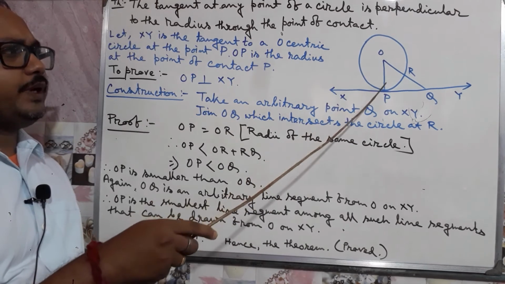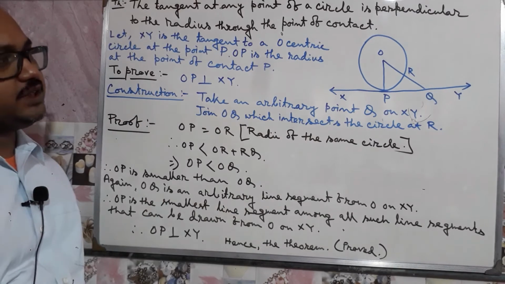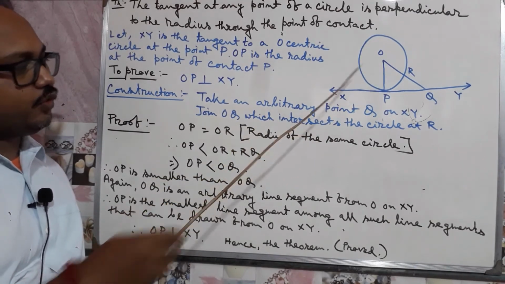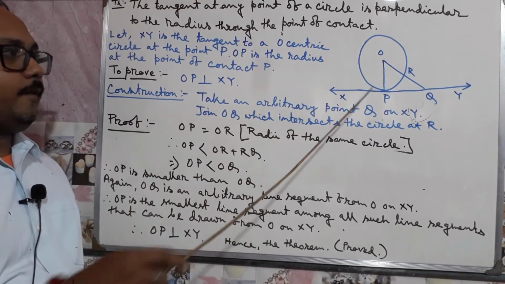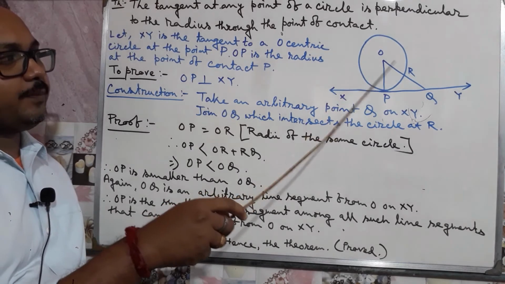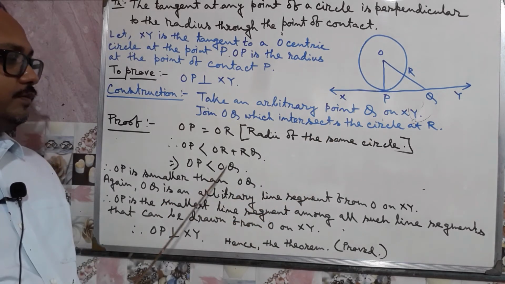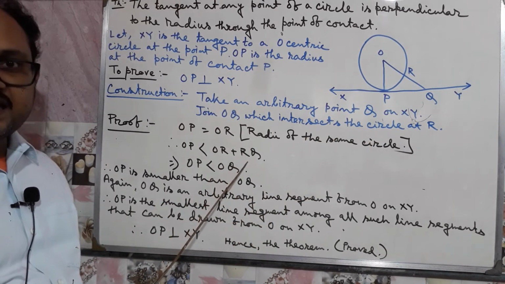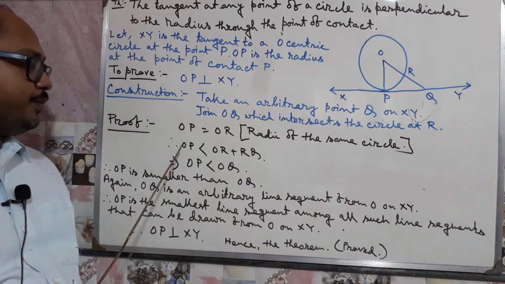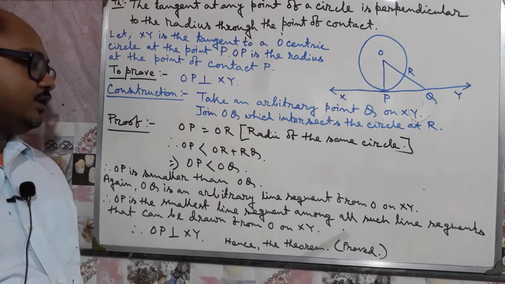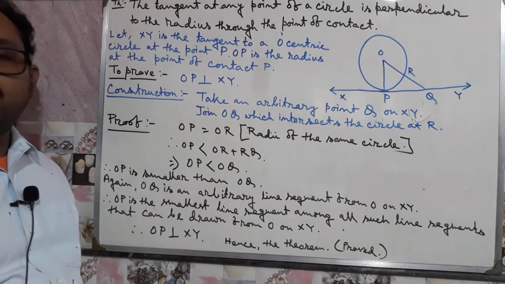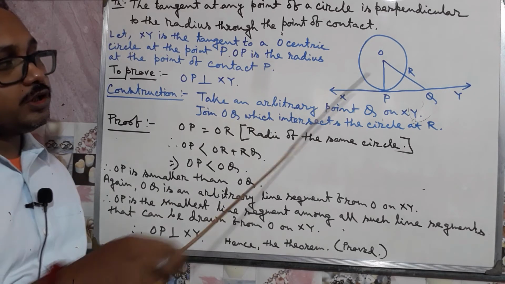As OP and OR are the radii of the same circle, OP is equal to OR. So, OP will be less than OR plus RQ, that is OQ, as extra length is added to the right hand side. That means OP is smaller than OQ. What was OQ?